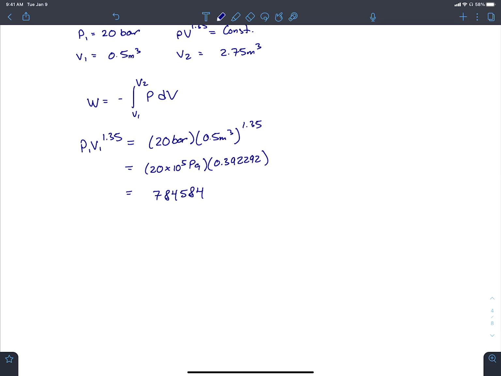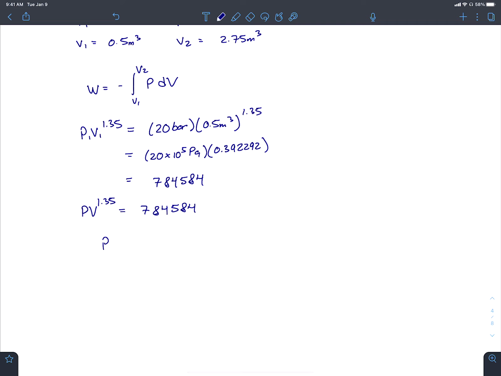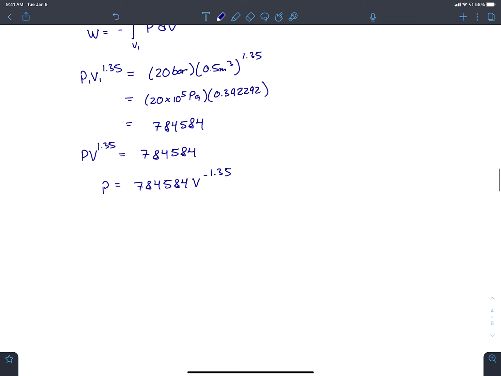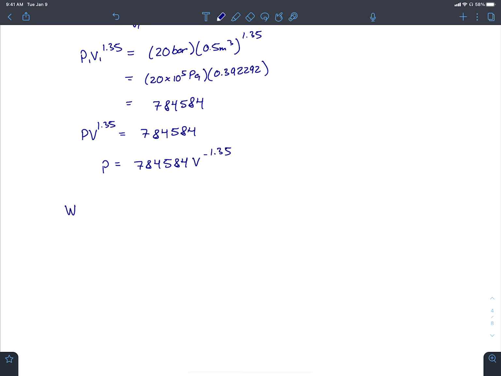And now we can equate it to PV to the 1.35 equals this constant. So we've solved what this constant is, and now we need an equation for P. Solving for P, we have P equals 7.84584 V to the negative 1.35. Okay, so now we can plug it into our equation, the integral from V1 to V2.